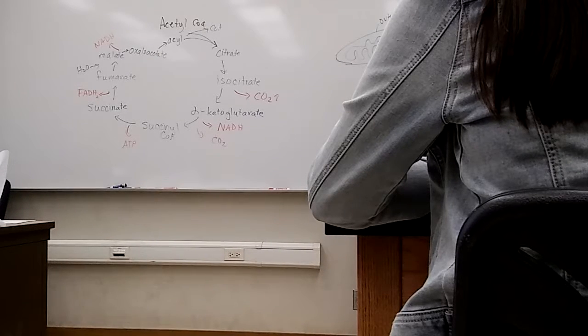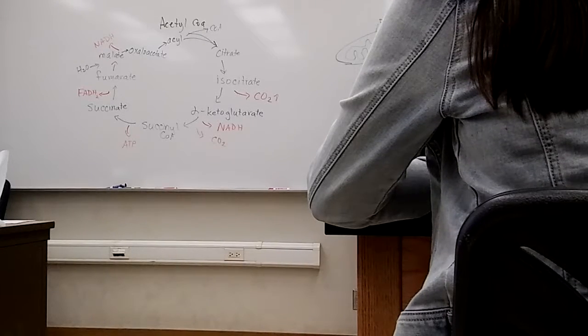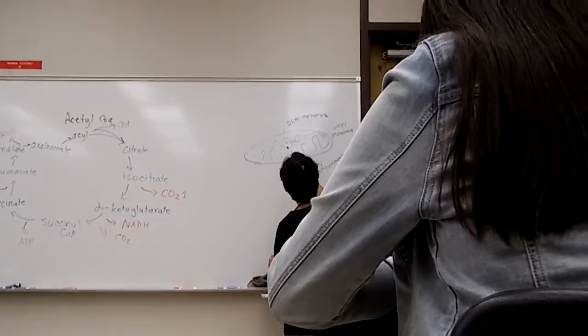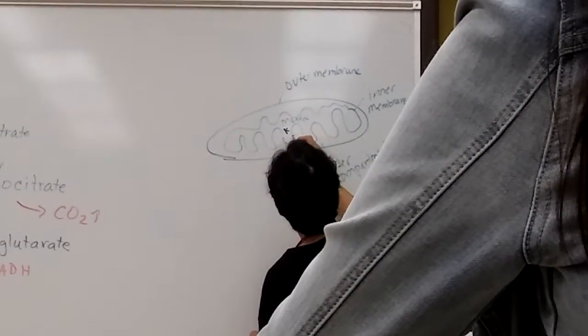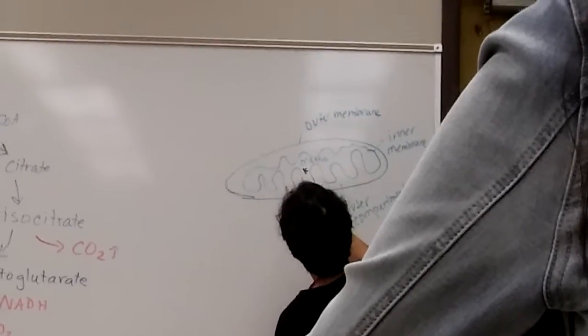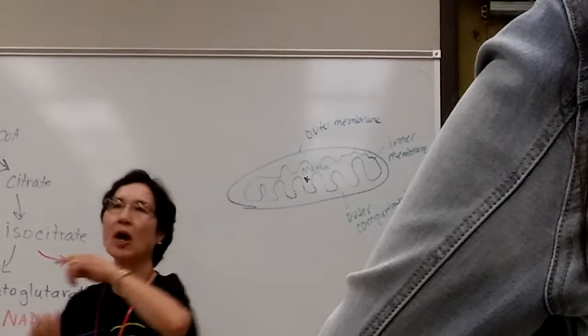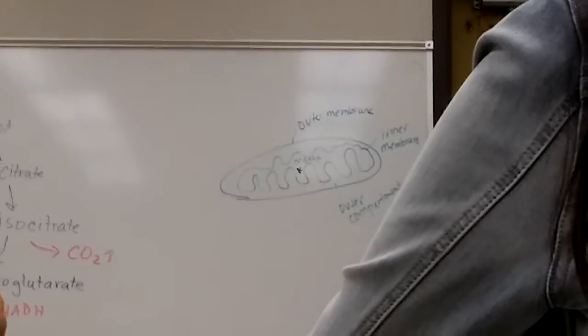Okay, this is where the Krebs cycle took place, in here, in the matrix. Now the ETS is going to be located here on the inner membrane. So it's just right next door. So here's where you do have a lot of oxidation reduction, transferring of the electrons and molecules accepting the electrons.